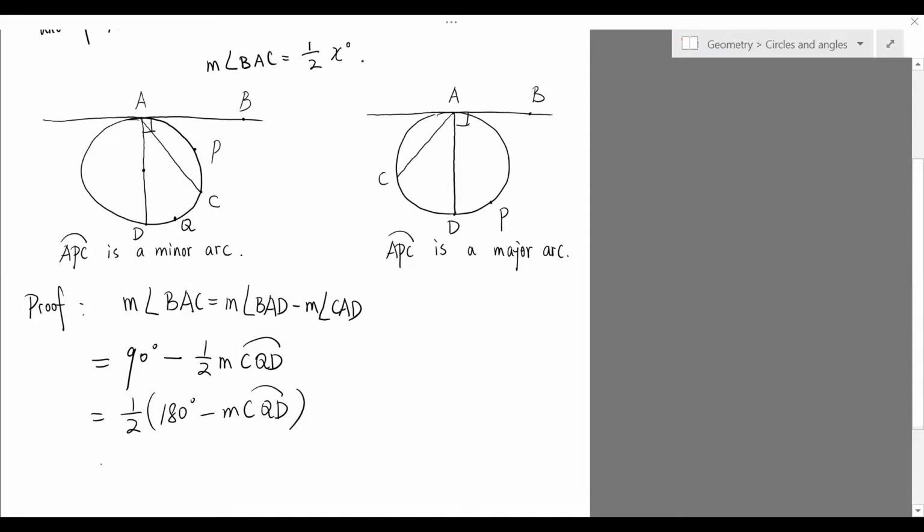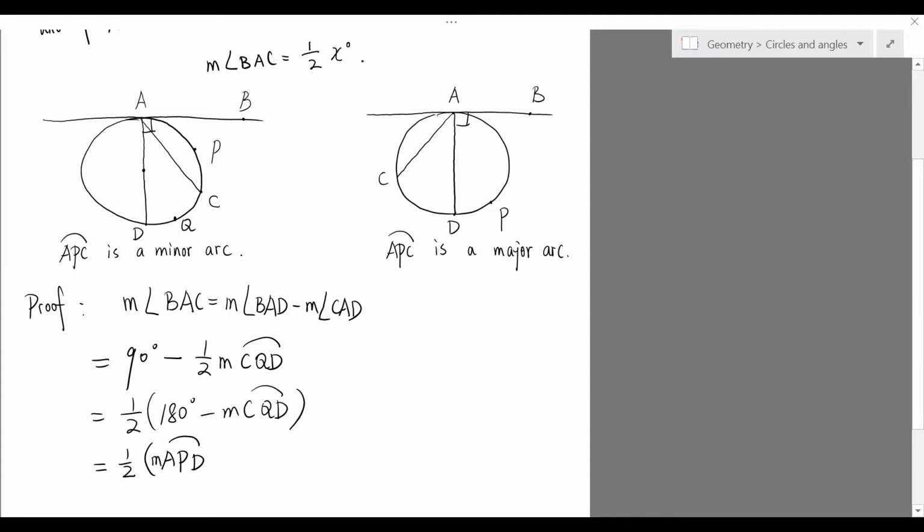Note that 180 degrees is precisely the measure of a semicircle, and since AD is a diameter, the arc APD is precisely a semicircle. So the measure of this arc is equal to 180.